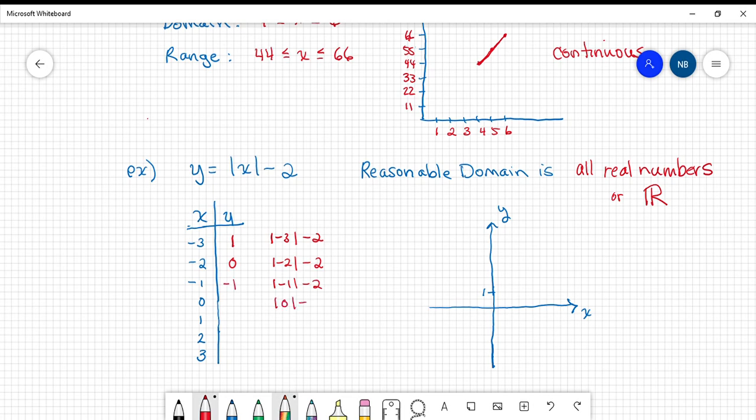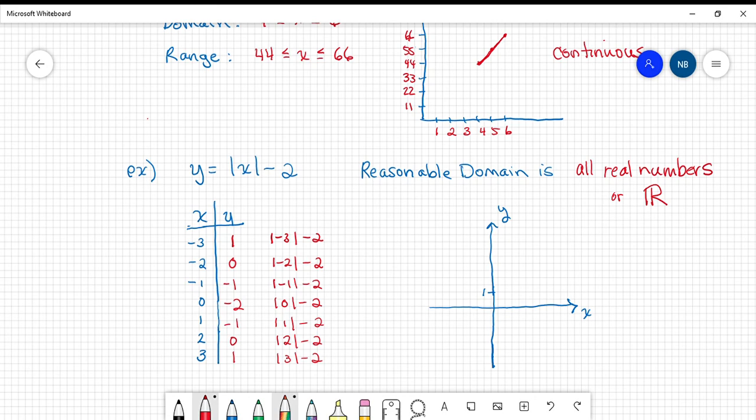Absolute value of 0 minus 2 is -2. Absolute value of 1 minus 2 is -1 again. Absolute value of 2 minus 2 is 0 again. Absolute value of 3 minus 2 is 1 again. Just a reminder, absolute value takes away negative signs, so the absolute value of a number is always positive.